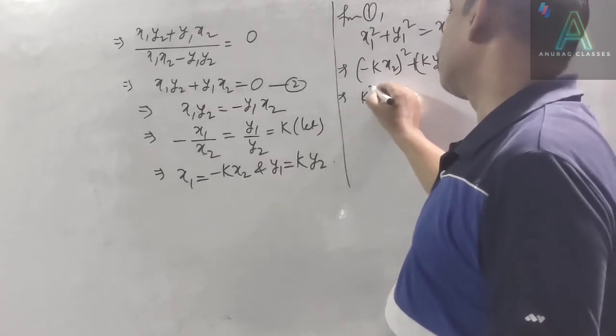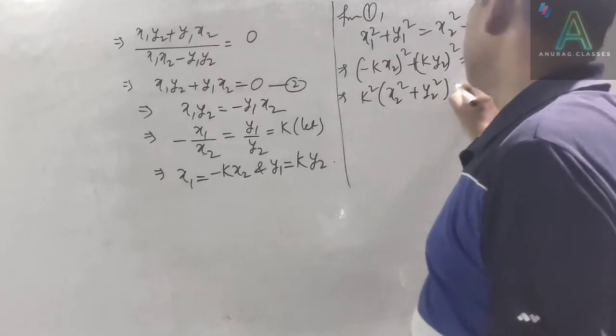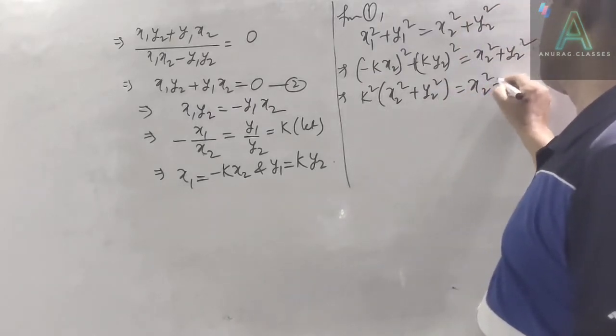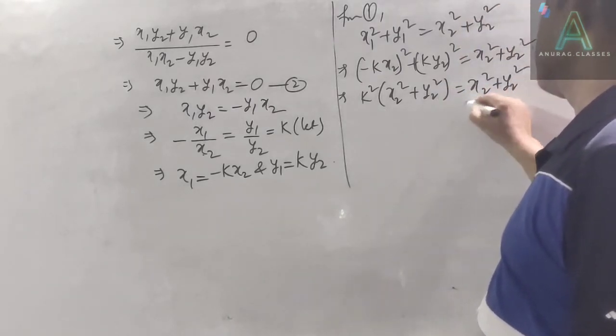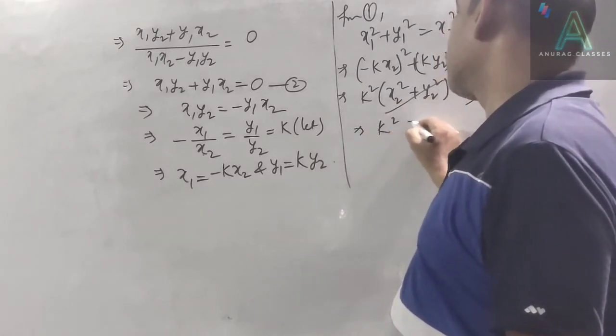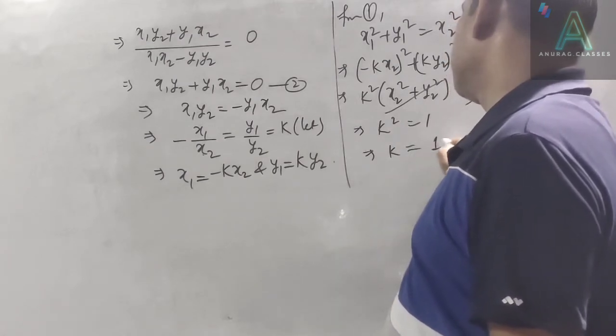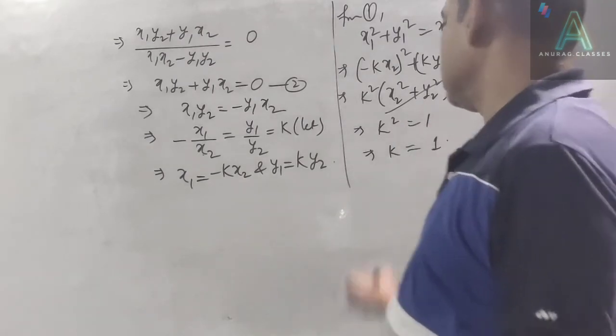Clearly k square is common and we are left with x2 square plus y2 square is equal to x2 square plus y2 square. These two cancel out from both sides, which gives k square is equal to 1. That is, k is equal to 1. The square root of 1 is also 1.